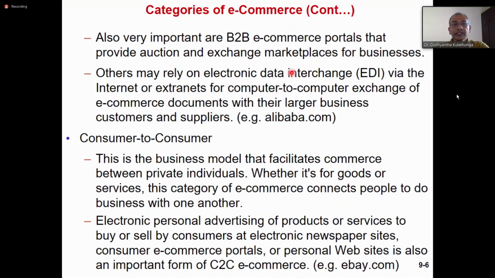In addition to that, there is electronic data interchange. Electronic data interchange is a mechanism which will connect two business organizations and enable them to share information between them. Usually, they facilitate exchange of e-commerce related documents.